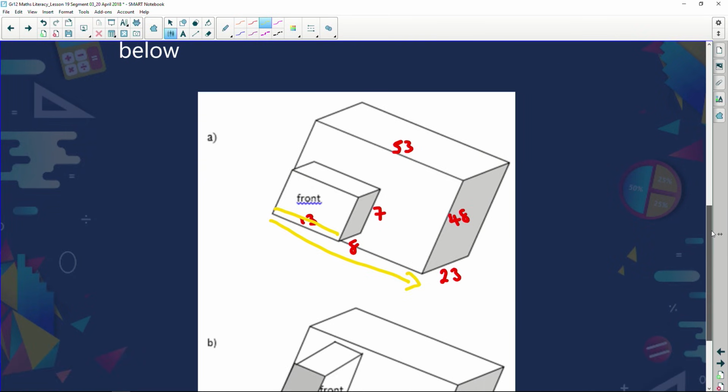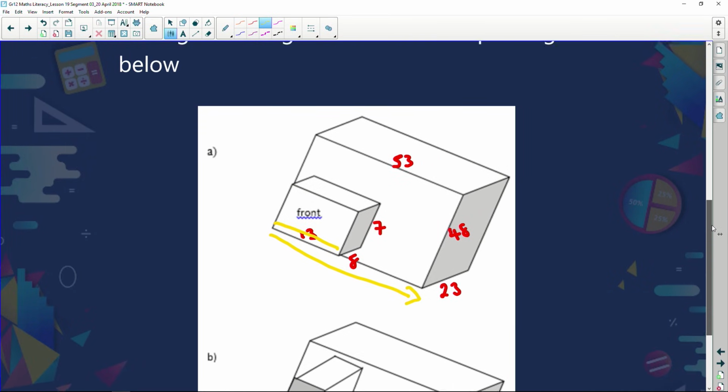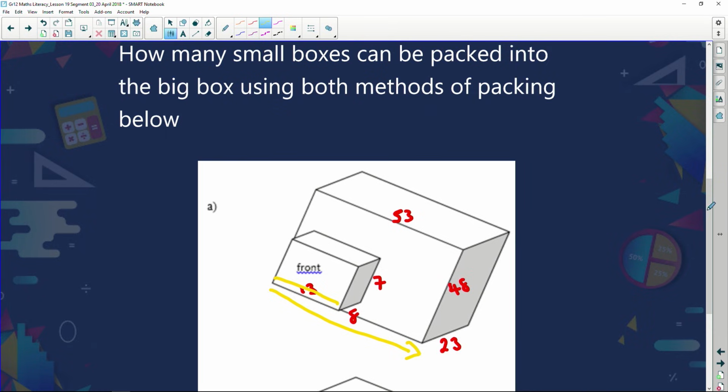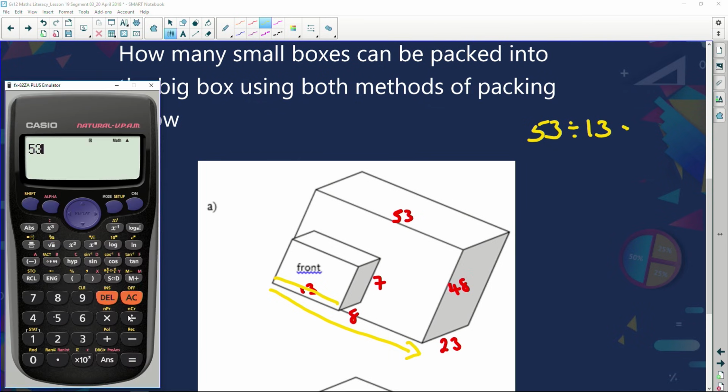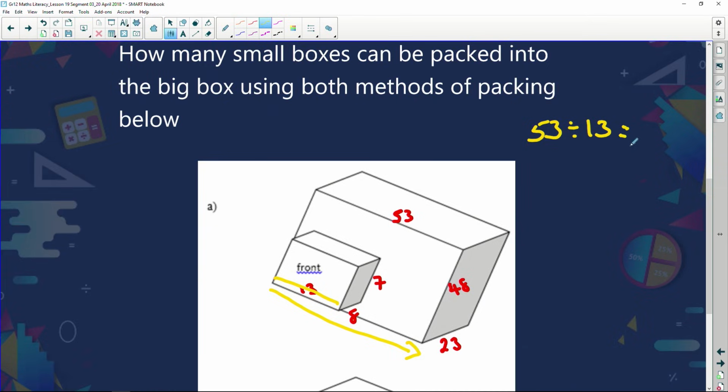Well, I've got 53, and I'm dividing that now by 13. 53 divided by 13 equals, and I'll end up with an answer of 4,07 boxes.